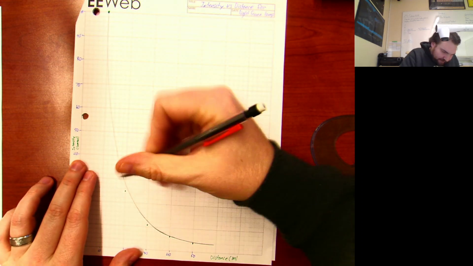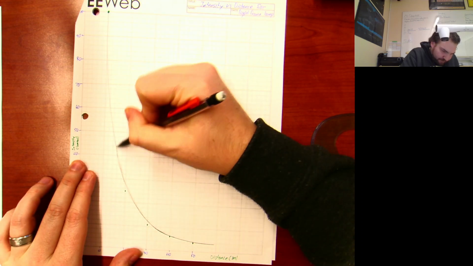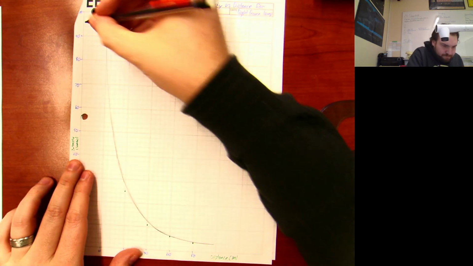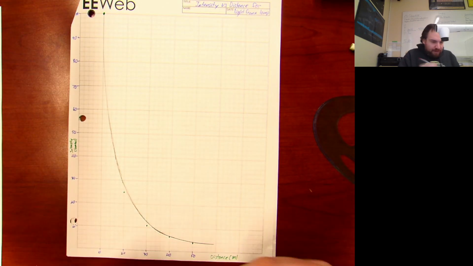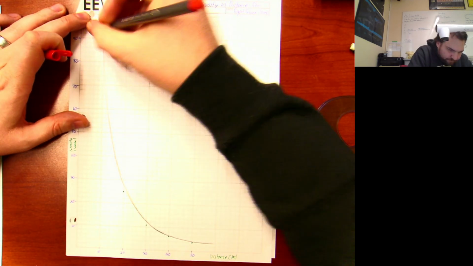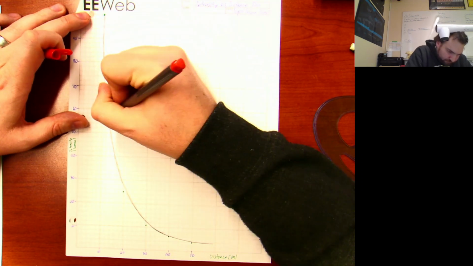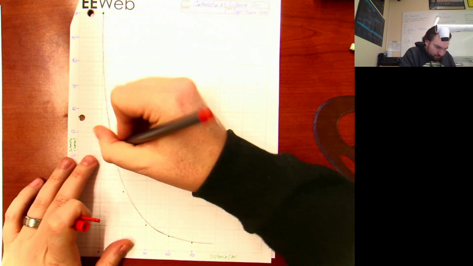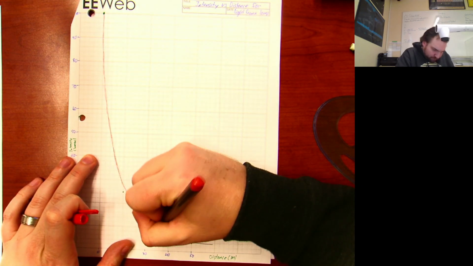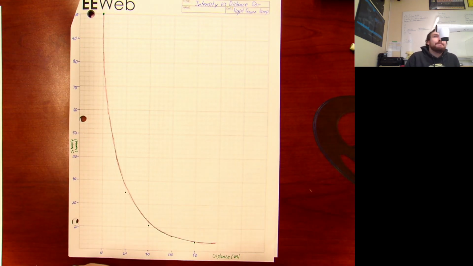Now that I've got it, I can go freehand in a little bit just to make it more pronounced. Or better yet, actually do it in a different color. So I guess something looks like that.